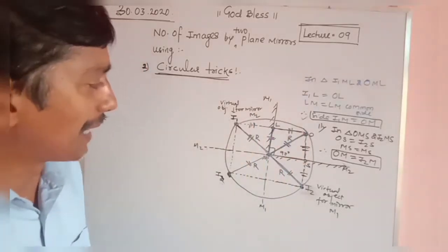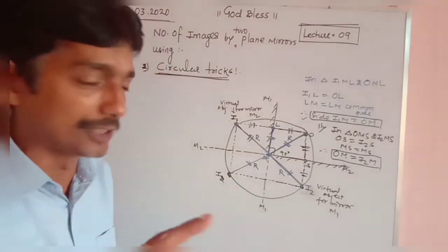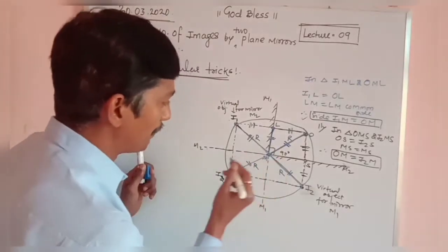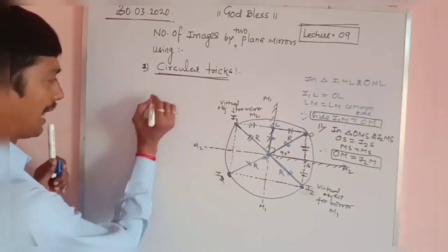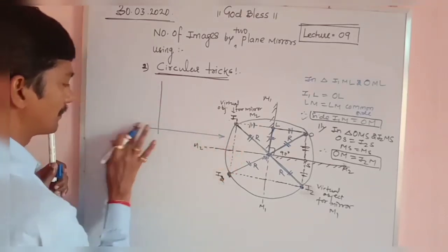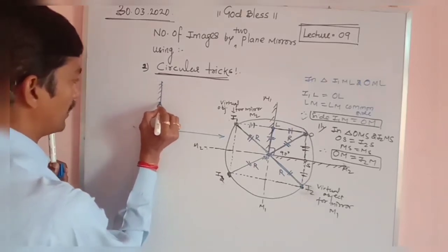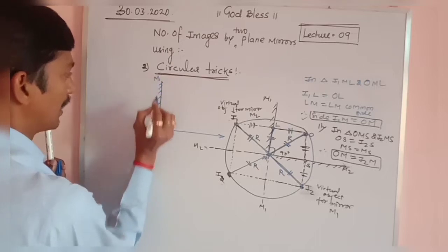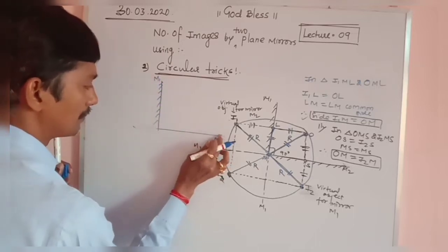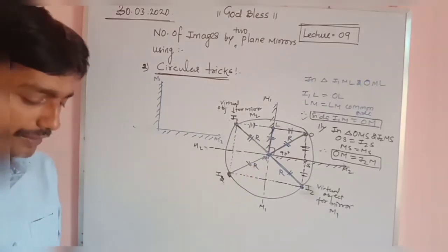And not only this, my dear, in this question, don't think only this much, think this way. For example, if I have drawn like this, these are the two mirrors, say this is mirror M1 and this is mirror M2, I assume, what I am teaching you.